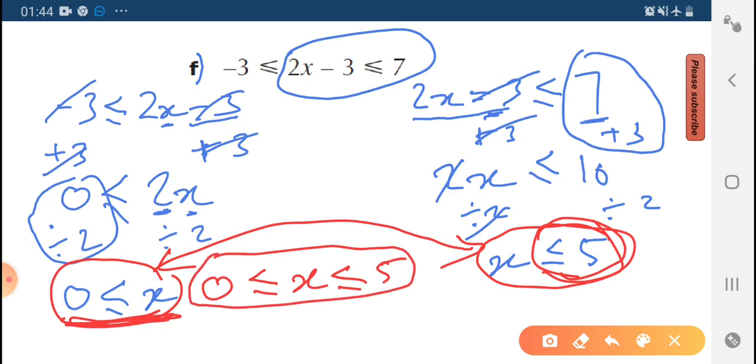So that means x has to be any number that's greater than or equal to 0, because that's what the left side says, and also x has to be any number 5 or less. This is what the right bit says. So if they asked you for the integer values, x has to be 0 or more. So that means I can include 0, 1, 2, 3, 4, and in this question they said x can be equal to or less than 5, so therefore we can include 5 as well.